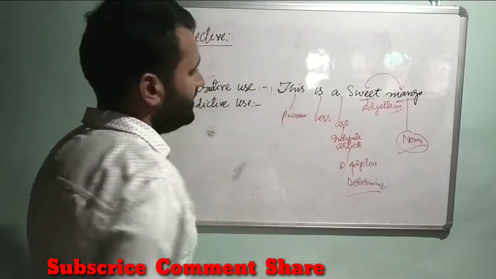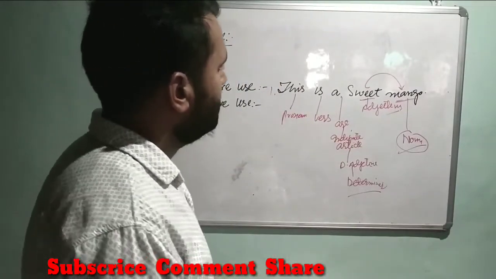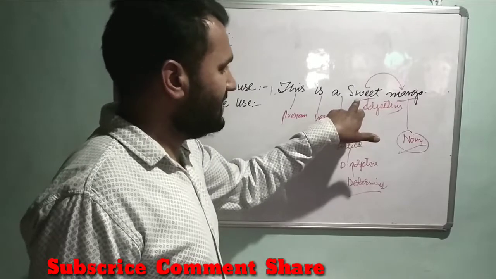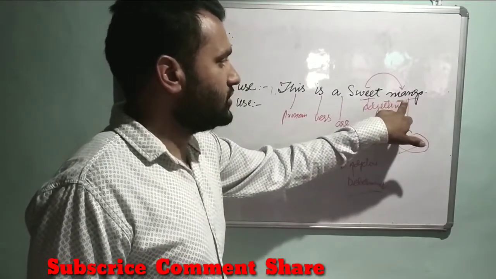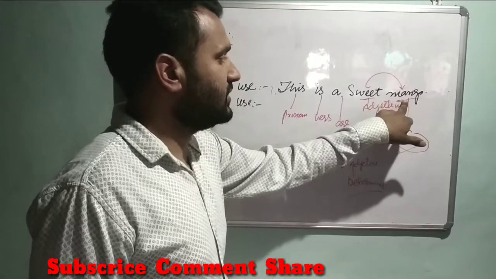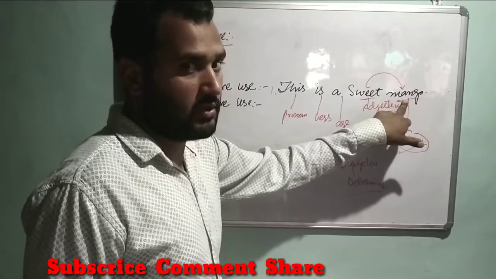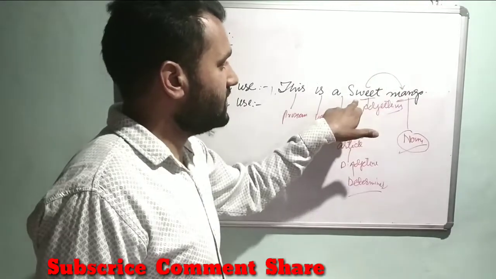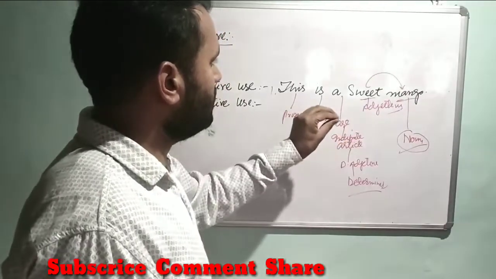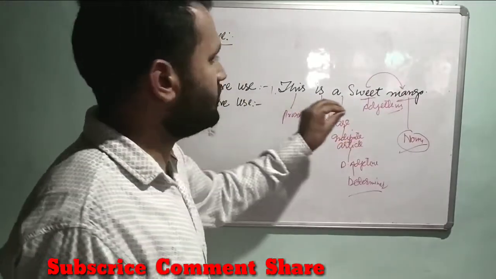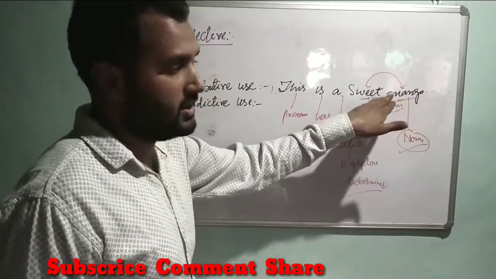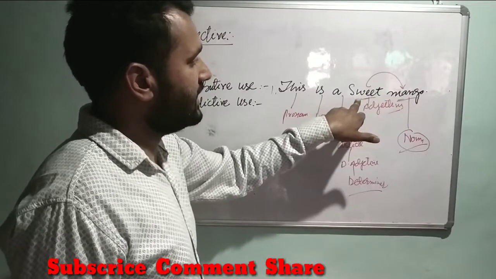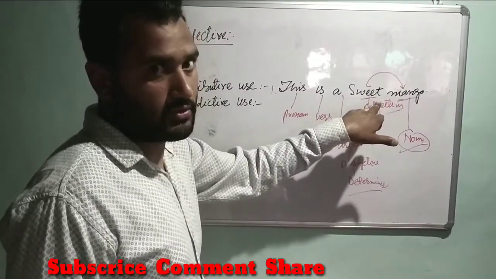The second thing is that this word is adjective. Since this word is directly qualifying or modifying or adding something special to this noun, it will be adjective, but its use over here will be attributive use. It is directly qualifying the noun. So this will be the attributive character of this adjective.